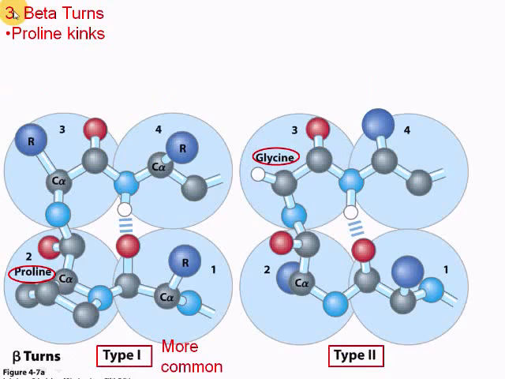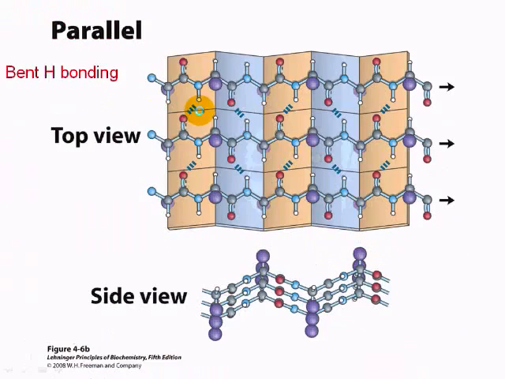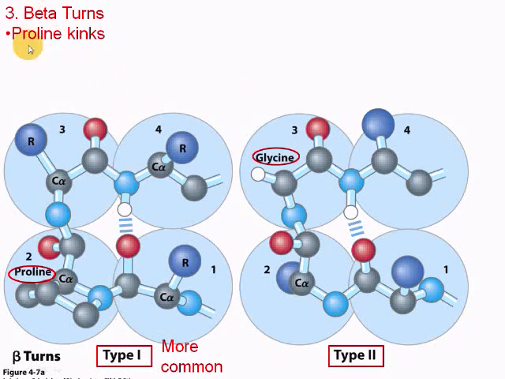The third type are beta turns, and on the beta sheets they kind of move this way, and then they kind of curve around, and that curving portion is called a beta turn. And there's two types, type 1 and type 2, and the types are dependent upon the amino acid in the turn.